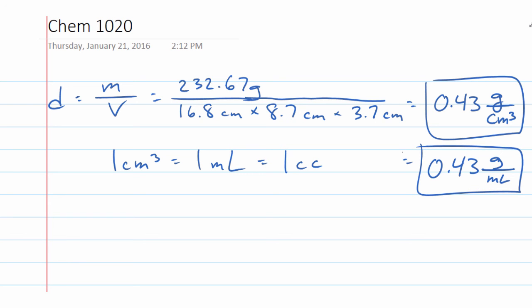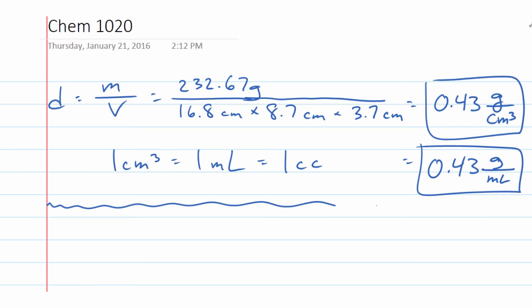Typically, however, we see the units expressed for density one of these two ways. But does it really matter? No, because a cubic centimeter and a milliliter are the same thing. So the units of milliliters and cubic centimeters are interchangeable.